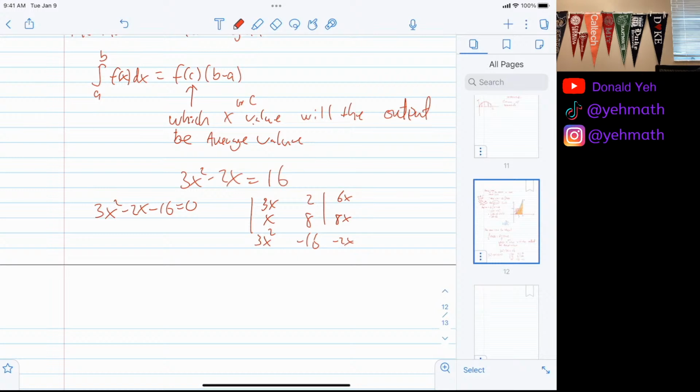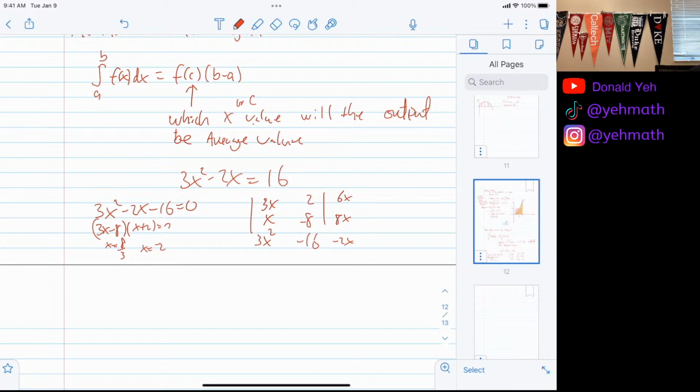Which one needs to be negative? Something near is 2 or 8. The 8, good. So then that's 3x minus 8 and x plus 2 equal to 0, x equals 8 over 3, x equals negative 2.